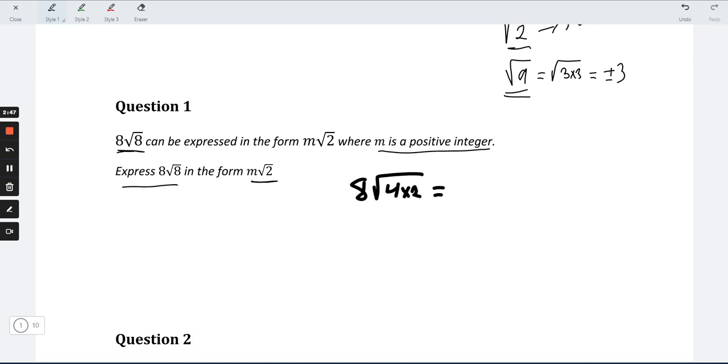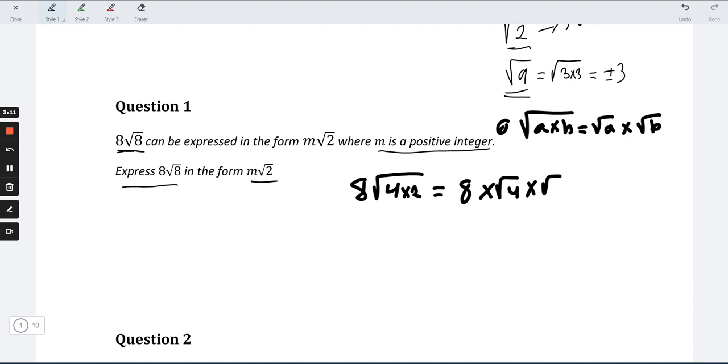And we know that the square root of a times b equals square root a times square root b. So we'll do the same here. This rule is important. Now 8 times square root 4 times square root 2 equals 8 times 2 times square root 2, which is equal to 16 root 2.